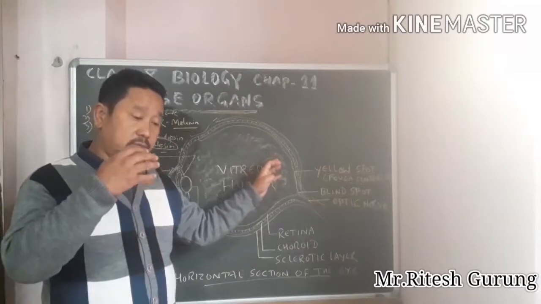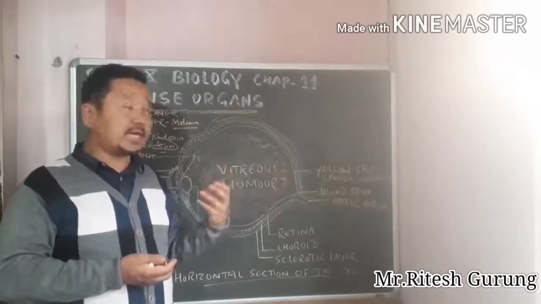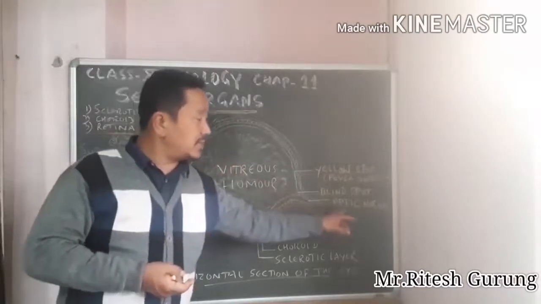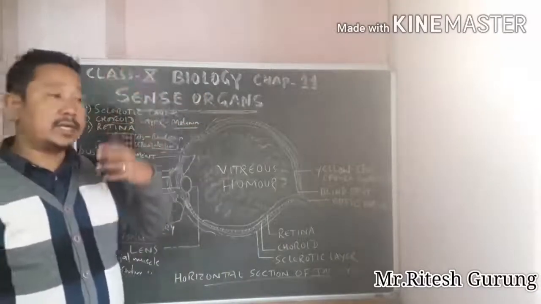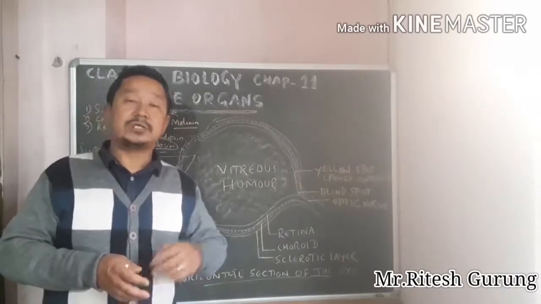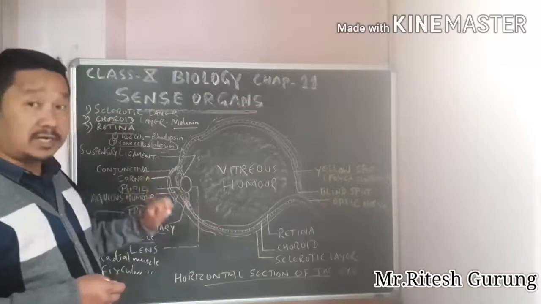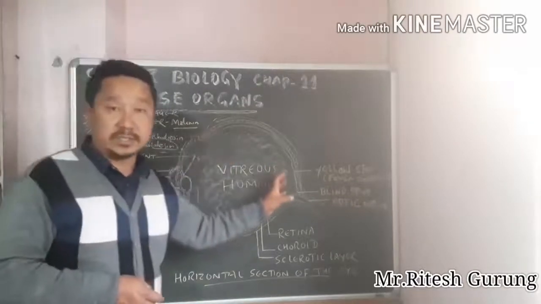The impulse of that inverted and real image will be collected by this optic nerve and taken to the cerebrum of the brain, where the actual image is formed. So this is how the third important and enormous layer called the retina functions.